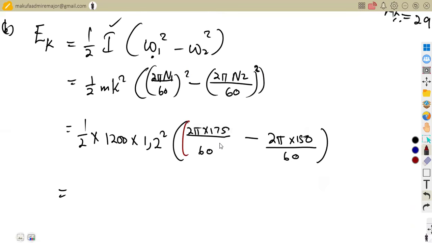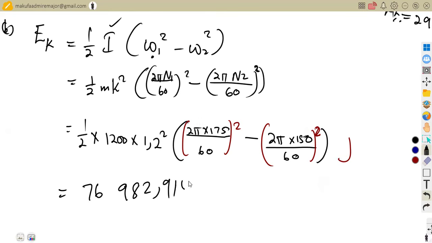So you are supposed to square this, like this. All right. So your kinetic energy in joules is going to be 76,982.914 joules. Just divide by 1,000. That will be 76.983 kilojoules. All right, that's it.